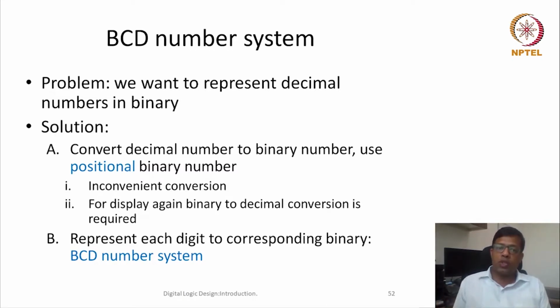This whole process of converting a decimal number into a binary number is a procedure in itself, which we have to learn. If we want to design this in hardware, each decimal number has to be represented as a binary number. Once this procedure is done, the numbers are represented in the positional binary system. Then we can do addition, subtraction and everything.